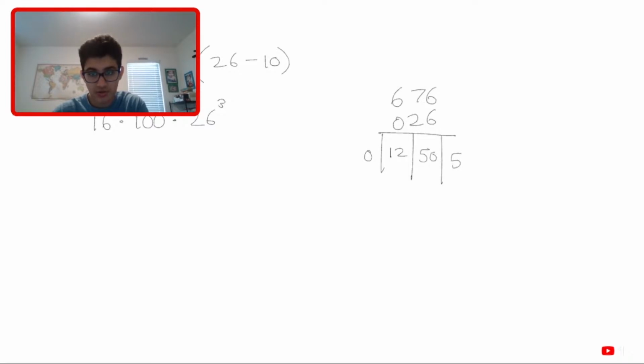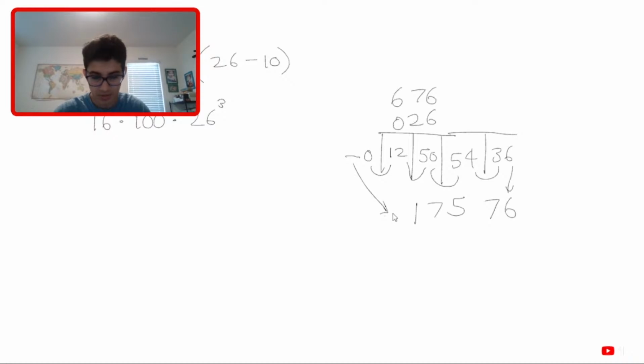This becomes 54. This becomes 36. So 6, 7, like this, 5. This is 7. This is 1. And then if there was anything here, you'd put that over there. But this is what we have. And this seems right. Now we just have to multiply this by 16 and then add two zeros at the end.